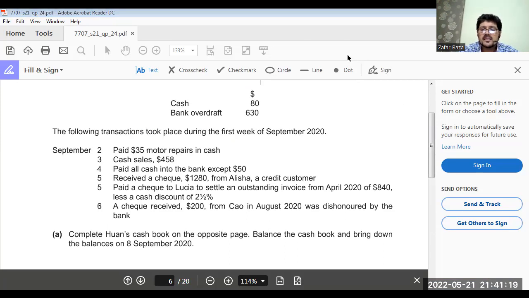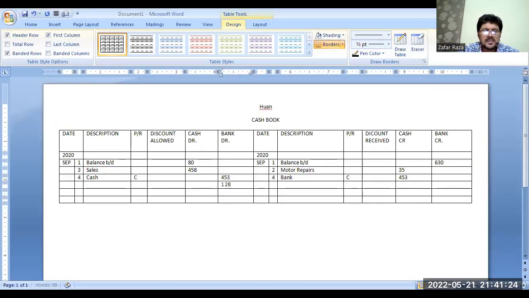So we will write 1280 in bank on 5th. The reason was Alicia, the customer.